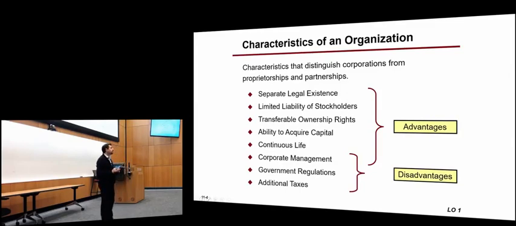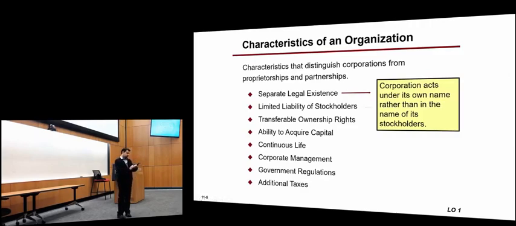On the other hand, with corporations, the owners, who are the shareholders and stockholders, have liability limited to their investment in the company. So the worst thing that can happen is that they lose their investment. However, the banks, the creditors, will not come after their personal assets. Okay?